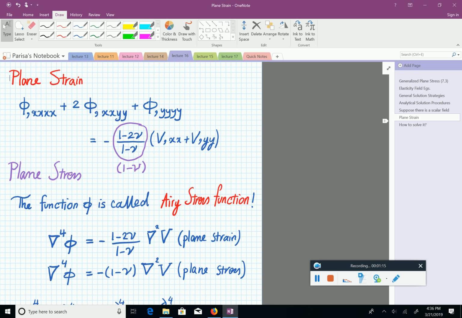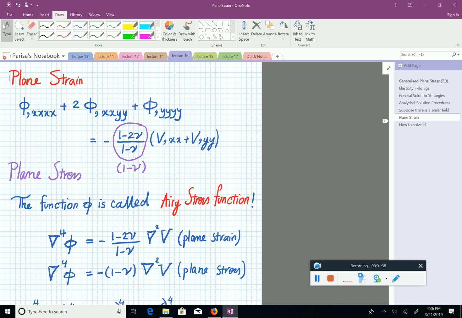And on the other side, that V was what? Do you remember that function V? What was that actually? Potential of? Potential energy? Body forces. Force potential, exactly, for external body forces.